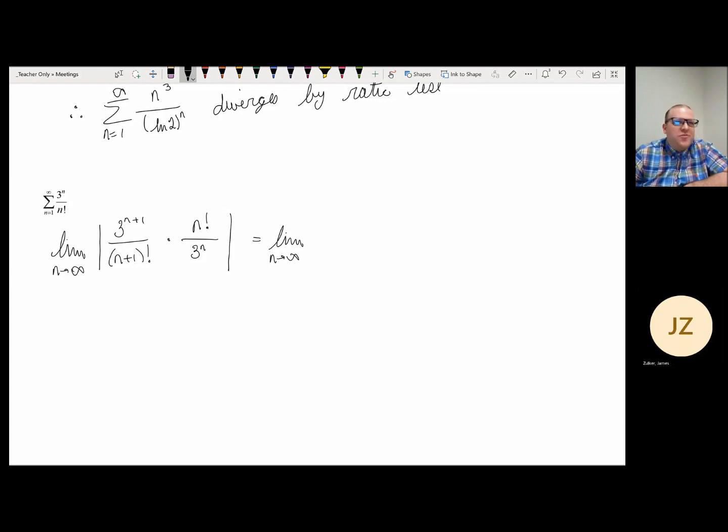3 to the n+1 over 3 to the n is 3. n factorial over (n+1) factorial is 1 over n+1. Again, remember (n+1) factorial is (n+1) times n factorial.